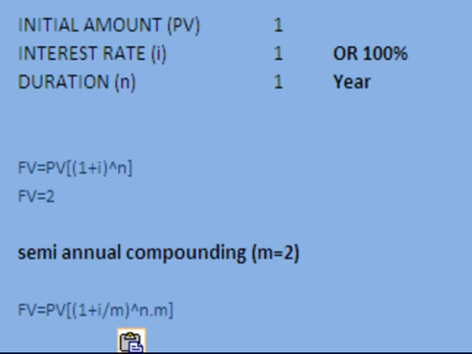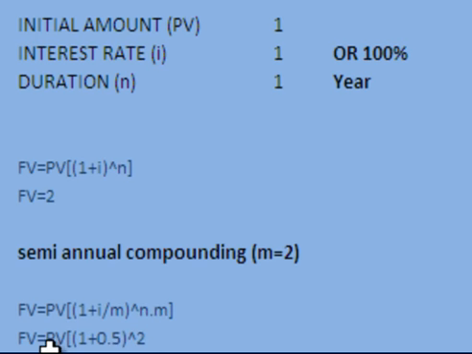Now in this example we know that the interest rate is 1, duration is 1 and m is 2. If we put the values of interest, duration and the compounding frequency, the equation would look like: future value equals present value multiplied by (1 plus 0.5), because 1 divided by 2 equals 0.5, raised to the power 2, because n is 1 and m is 2.